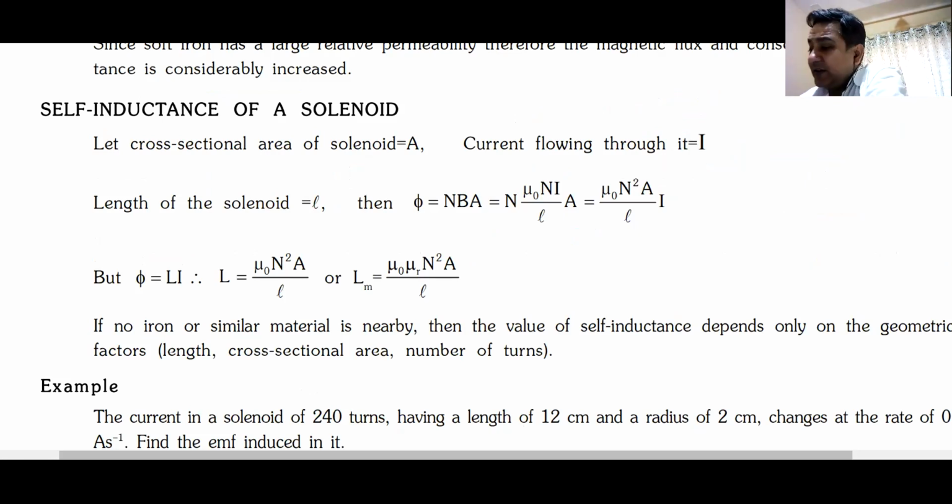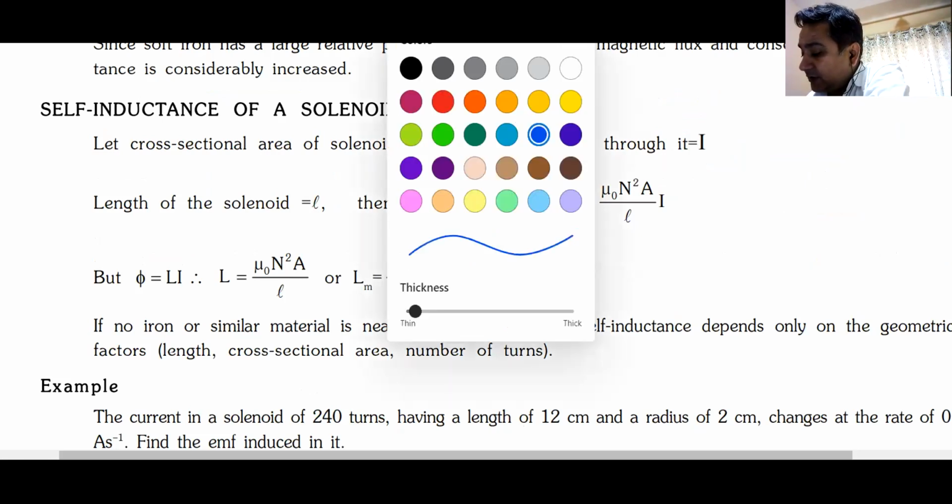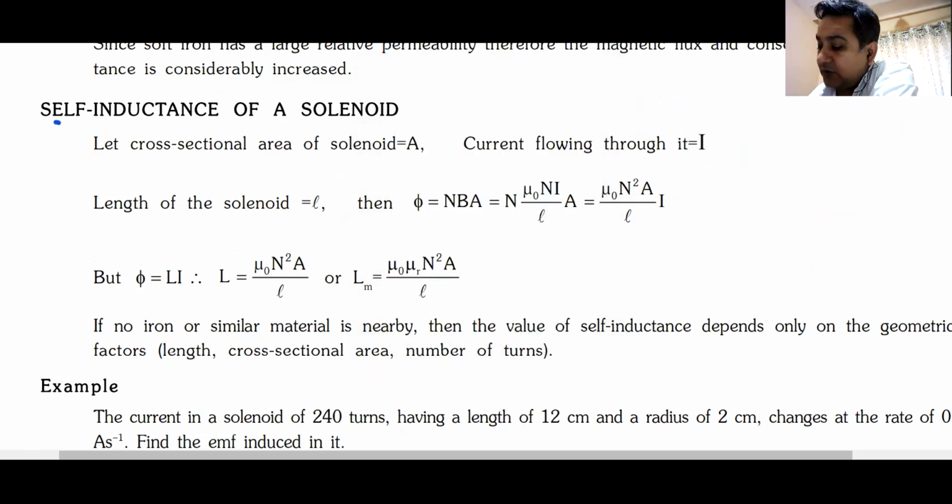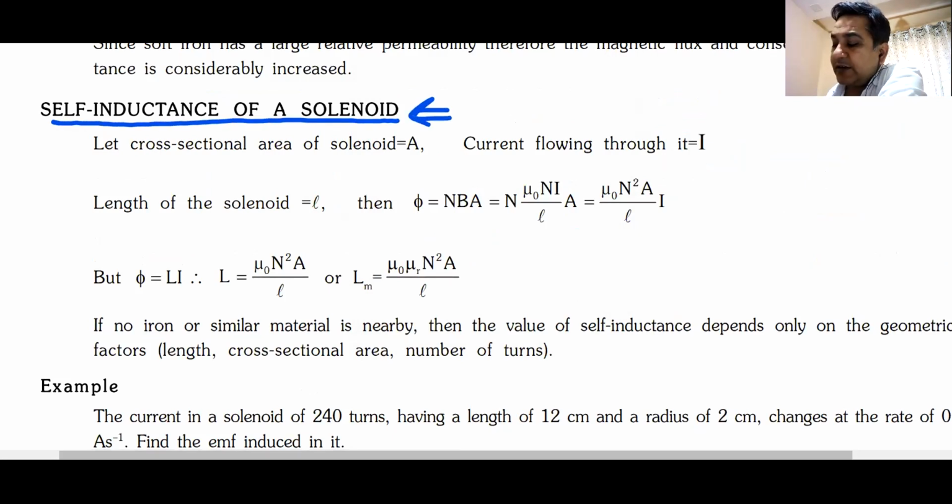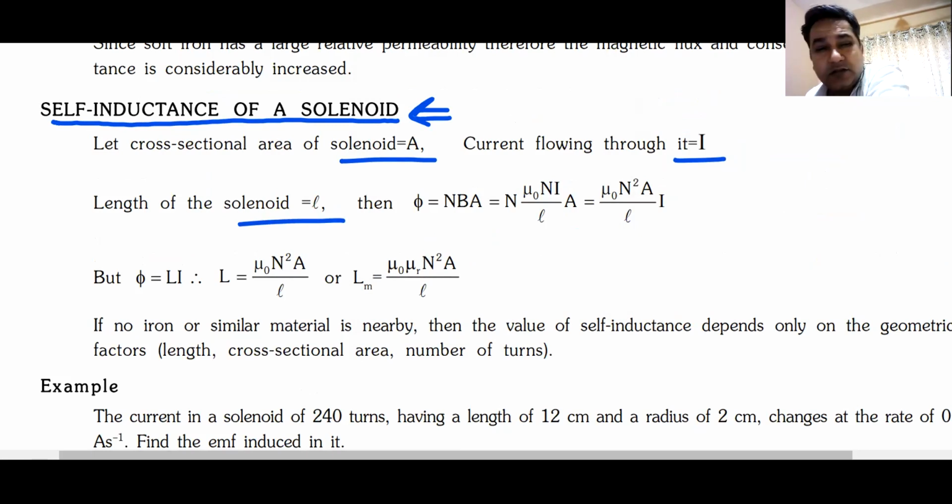Okay, on similar lines, you can have a formula for the self-inductance of a solenoid. Now, how will you get the formula for the self-inductance of a solenoid? You assume that the area of cross-section is A, current flowing is I, length is L. Then you find out the total flux linked with the coil.